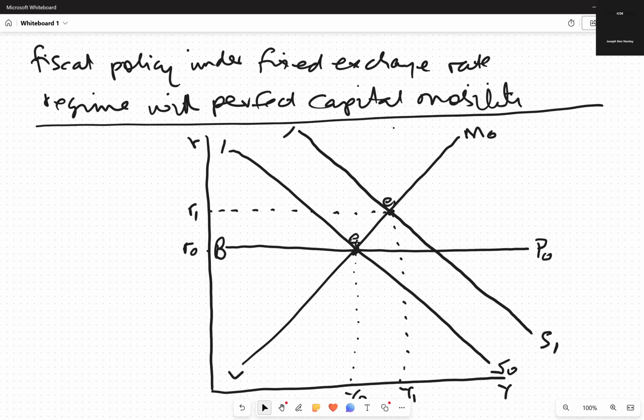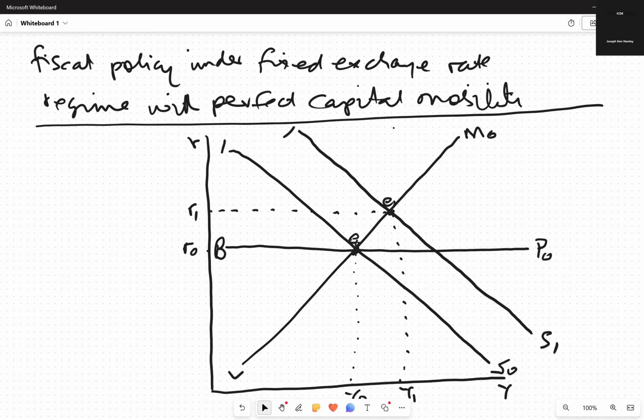Please take that one again. Point E1 is on the IS curve. E1 is again on the LM curve. But E1 is not on the BP curve.